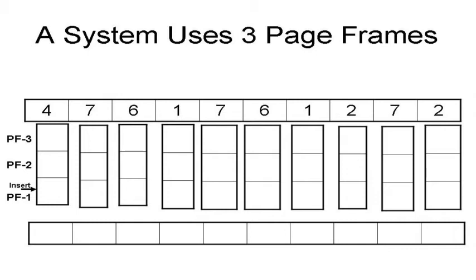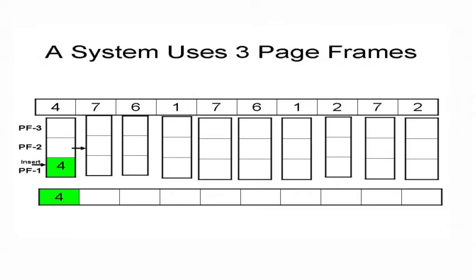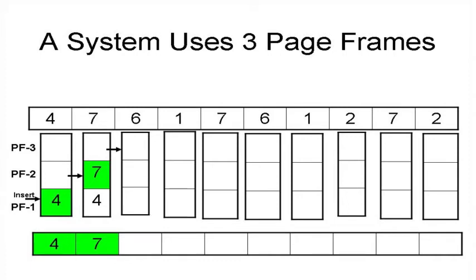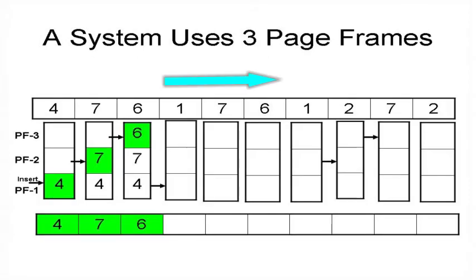So we will first insert 4 in main memory. Next is 7, and next is 6. Because there are 3 frames, automatically 3 page faults will come out.